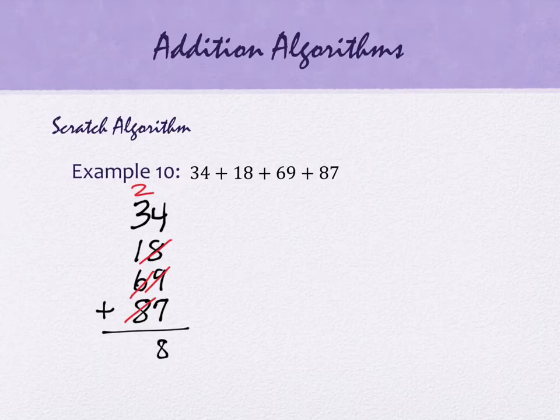But that 0 is what I write down here. How many scratches? 2. 2 scratches moves over into the hundreds column. There's nothing else there. So I add that 2 to nothing else, and I just get 2. So it's 208. It keeps my addition facts smaller. That's what it does. It keeps them smaller so that I don't have to remember as much as I'm adding down my column.